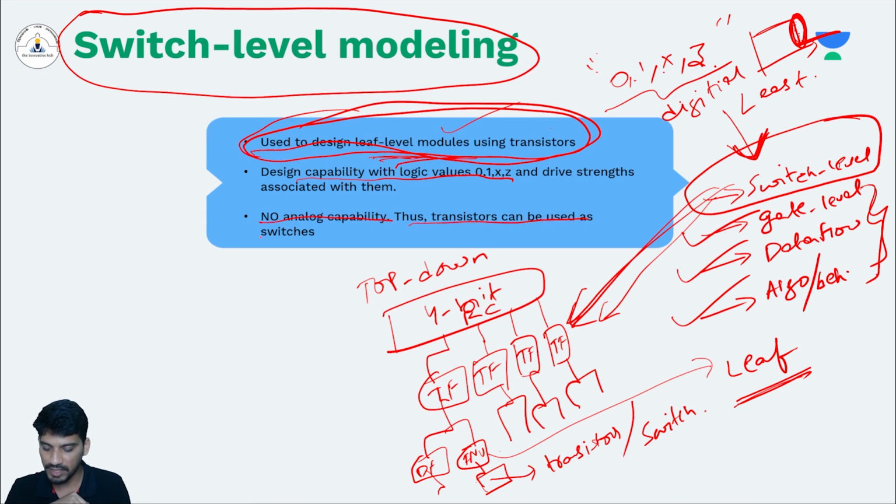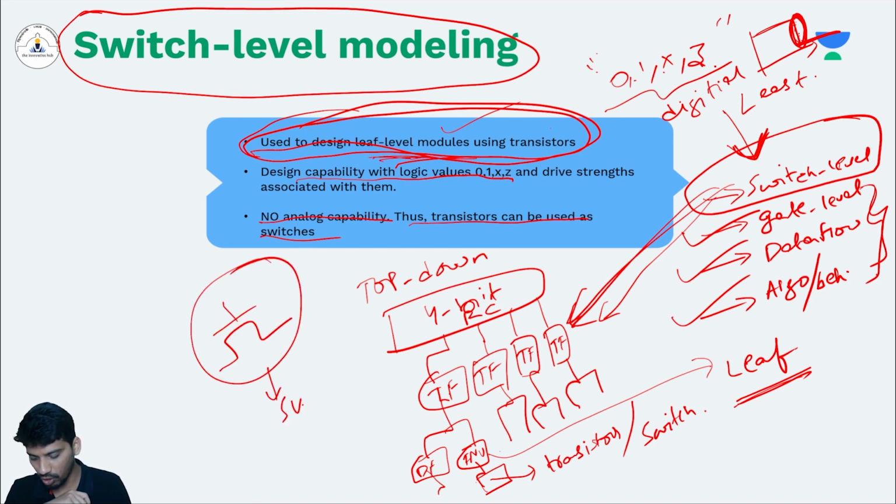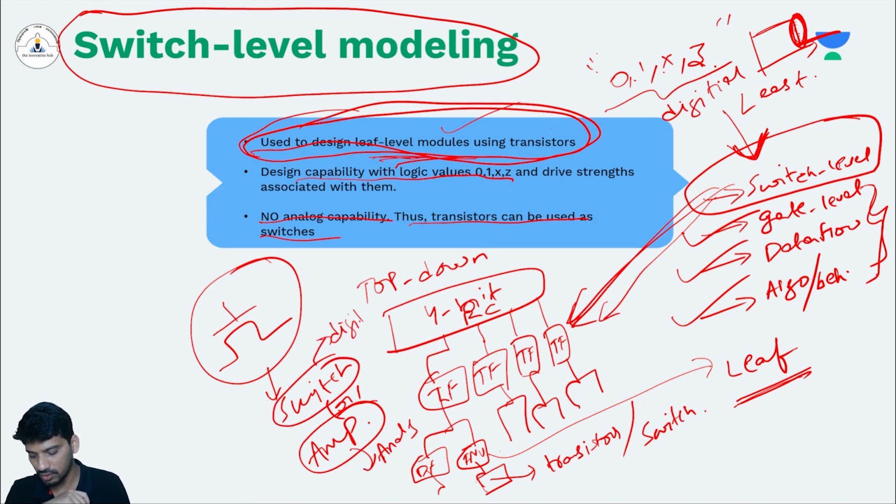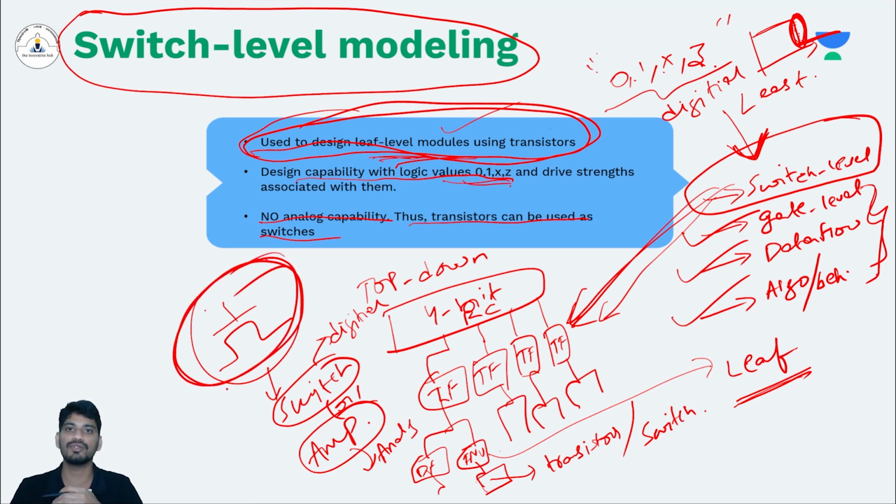Thus, the transistor can be used as a switch. Normally, the transistors NMOS and PMOS can be used either for switching operation or for amplification, right? Amplification is used in analog circuits and switching is used in digital circuits. So in Verilog, we have capability of only these 4 logic values. So the transistor here is primarily used for switching operations. That's why whenever I say transistor or switch, they both are the same.